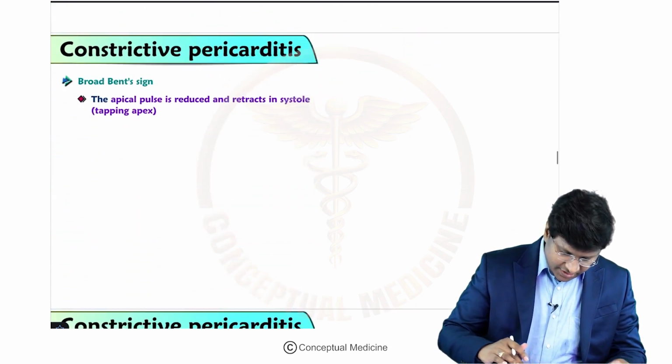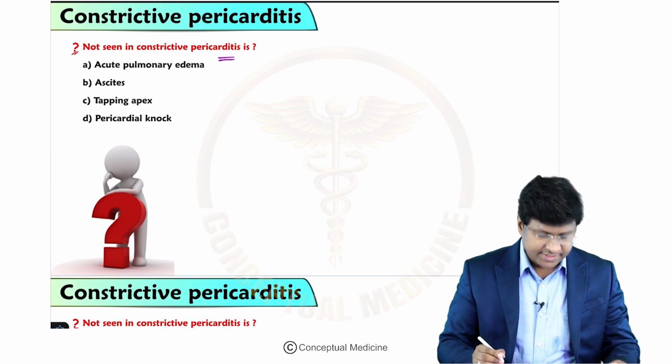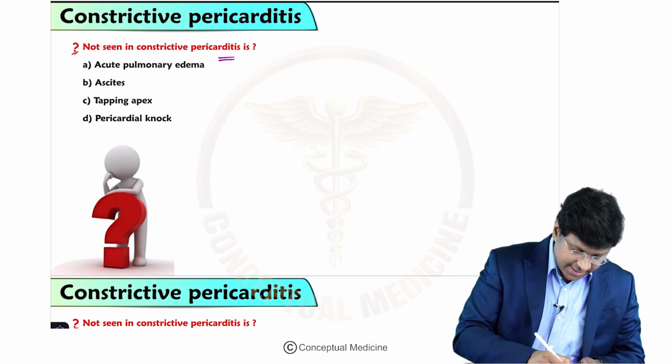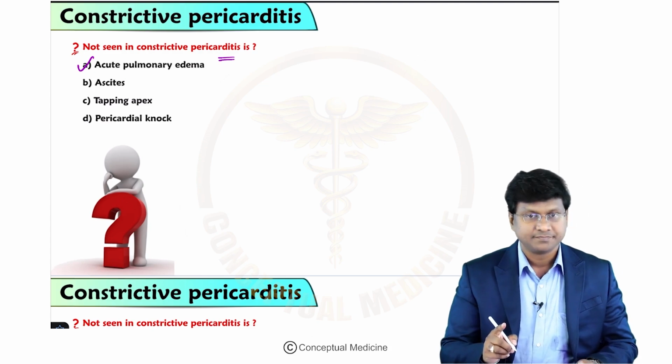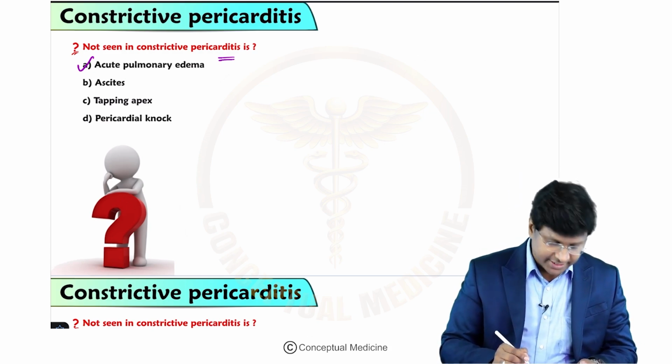So if you see this question now, which of the following is not seen in constrictive pericarditis? Acute pulmonary edema, ascites, tapping apex, pericardial knock. Let me tell you, acute pulmonary edema is not a feature that you will see in patients with constrictive pericarditis.